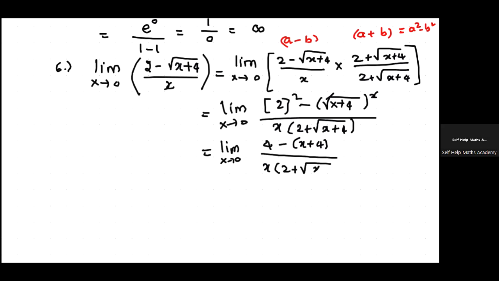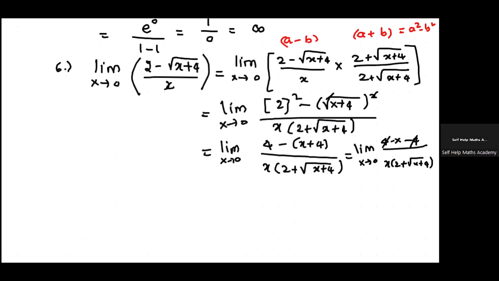Here, when you take the bracket out, it is the limit as x tends to 0 of (4 minus x minus 4) divided by x into (2 plus square root of x plus 4). Negative 4 and positive 4 cancel.